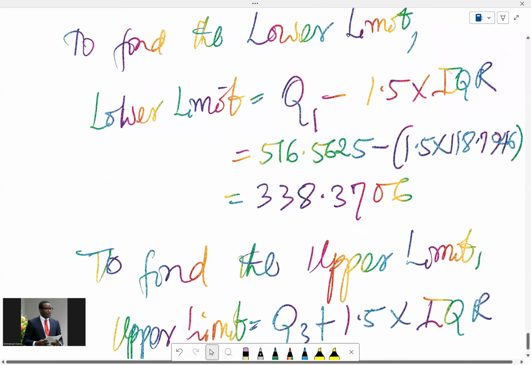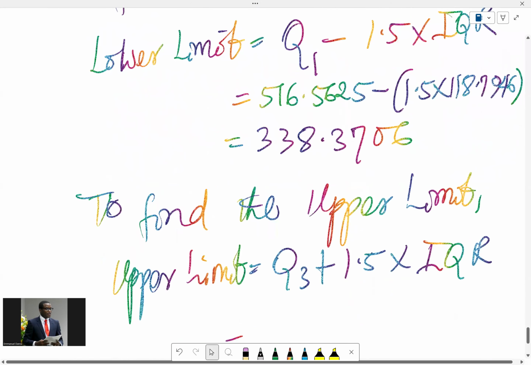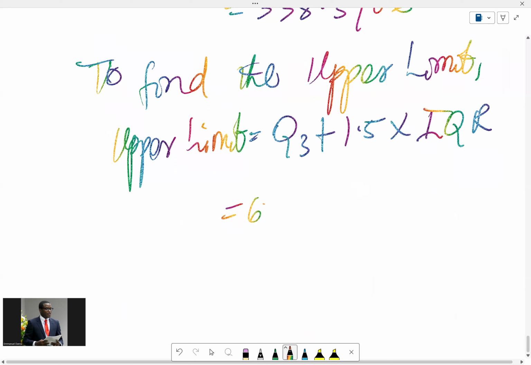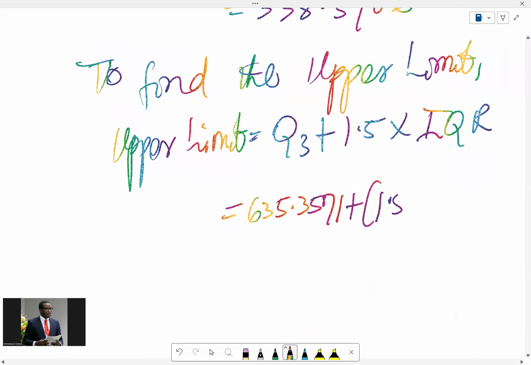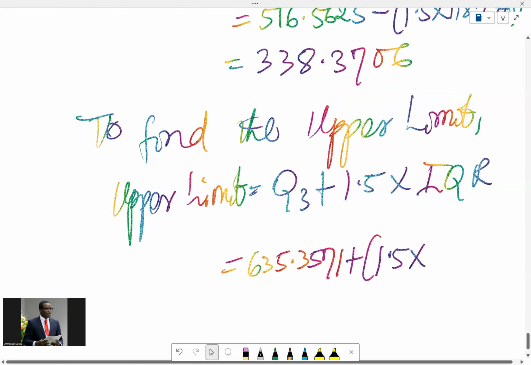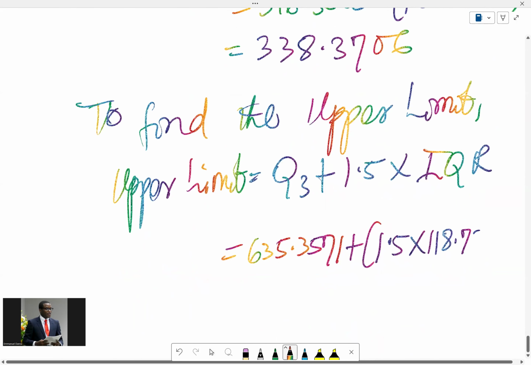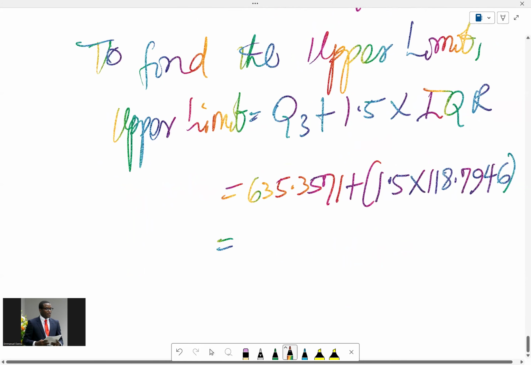So the upper quartile now is 635.3571 plus 1.5 times IQR, that's 118.7946.